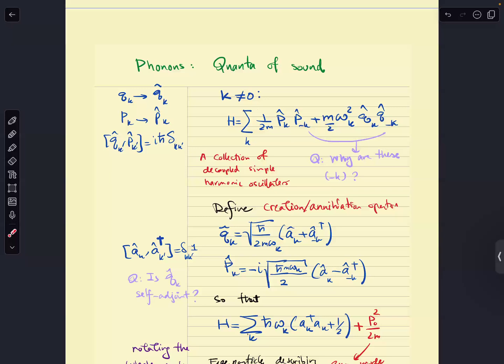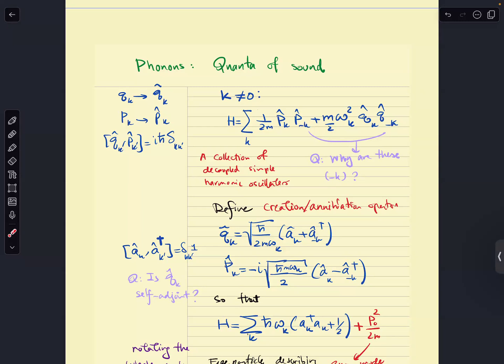The quanta of sound, we're going to call them phonons. So how do we quantize this? The classical degrees of freedom Q and K, these are generalized coordinates and their conjugate momenta. We promote them to operators Q hat and P hat of K.